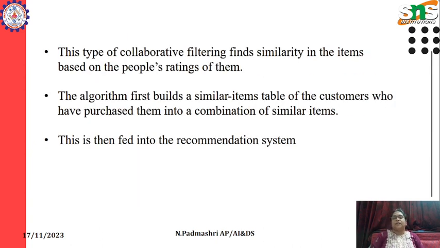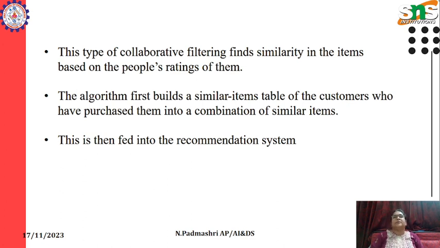So this collaborative filtering finds similarity in the items based on the people's ratings of them. Where this will be helpful for us is we are able to see the comments or the suggestions to purchase this product.